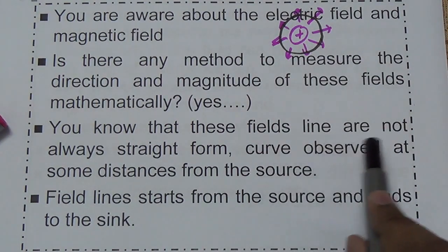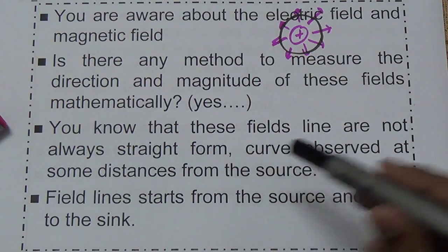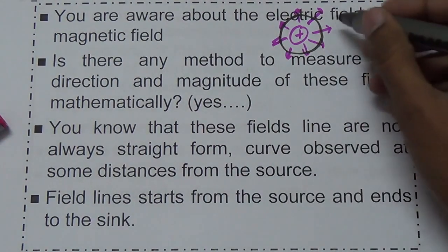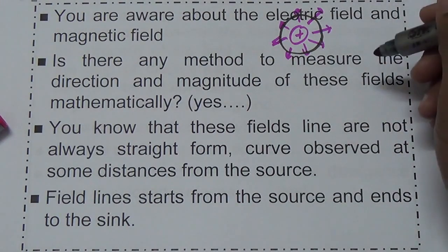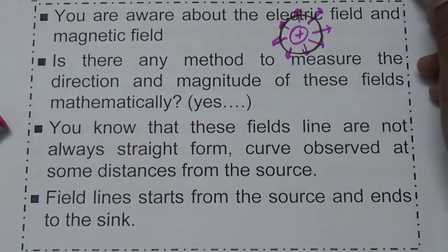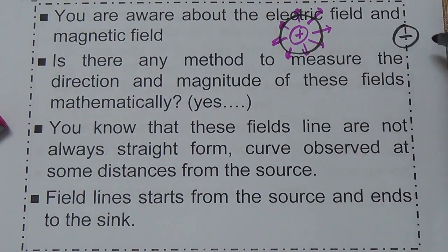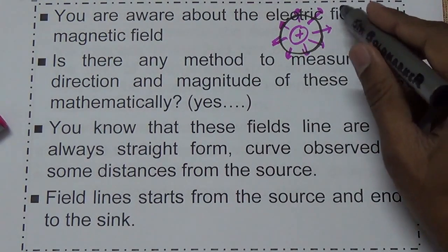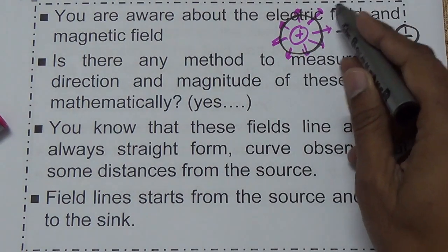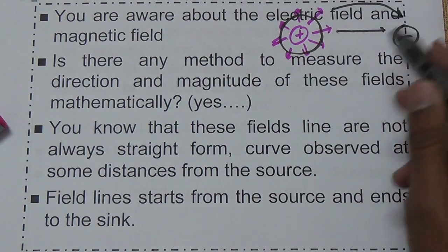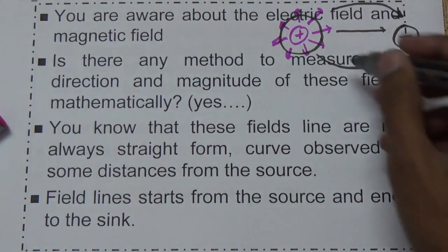You know that these field lines are not always in straight form. Suppose this electric field line starts to move into this space. If a negative charge is far away from the positive charge, then after some distance these straight lines become curved. Now the electric field lines will be in the curved shape.